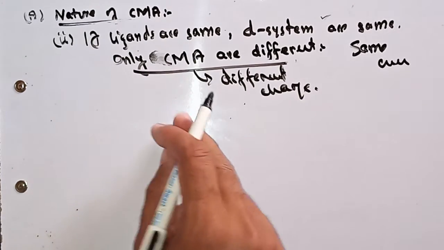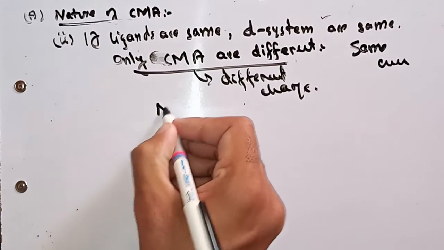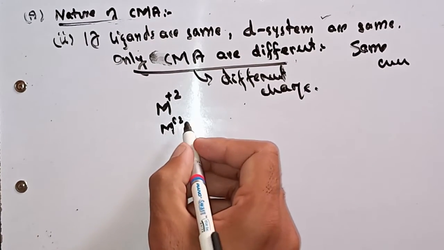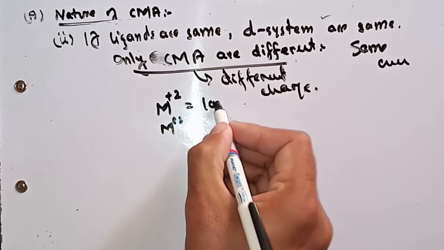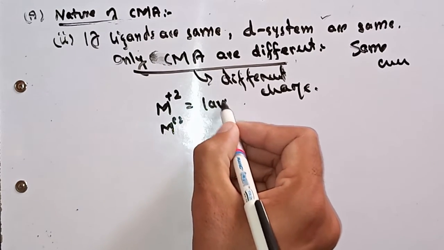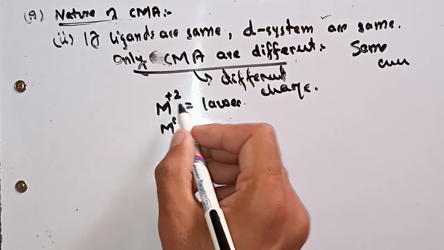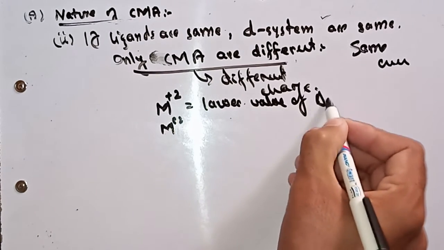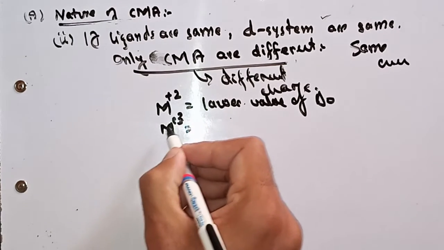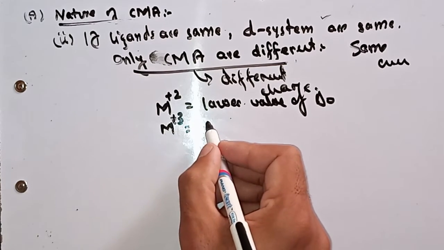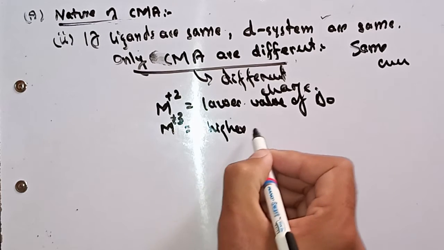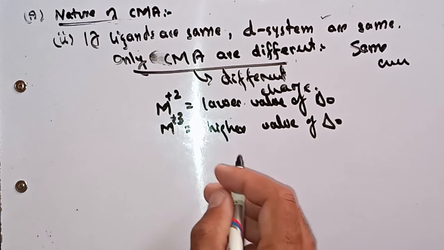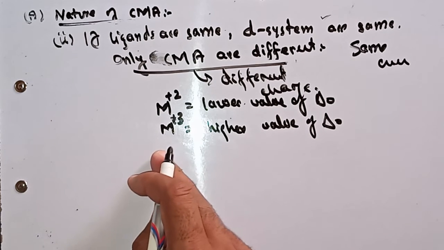The cation that has a high oxidation state has a larger value of del naught, while one with a low oxidation state has a lower value of del naught. In the case of high oxidation state, the value of del naught will be higher, for example in the case of plus 3 ions.